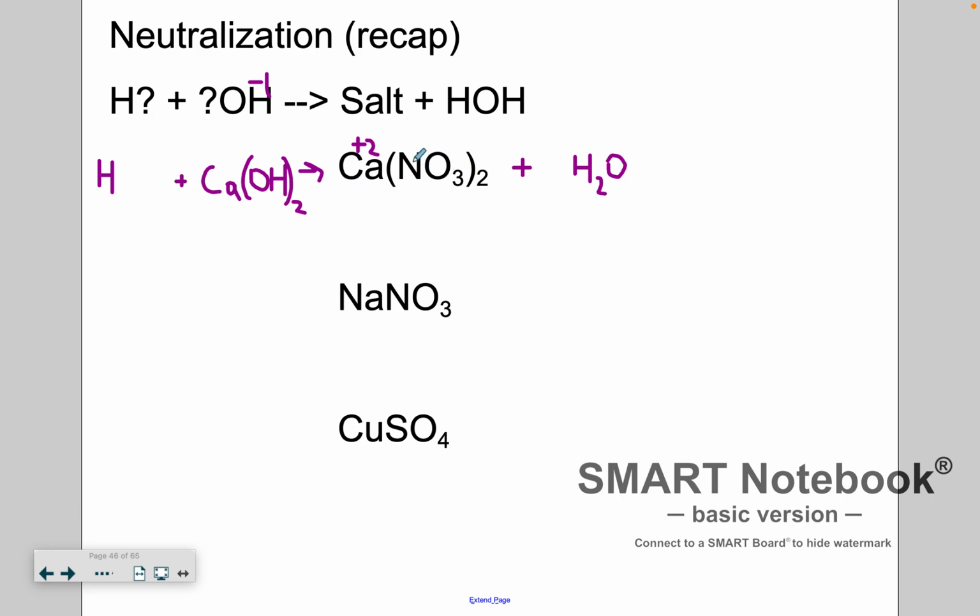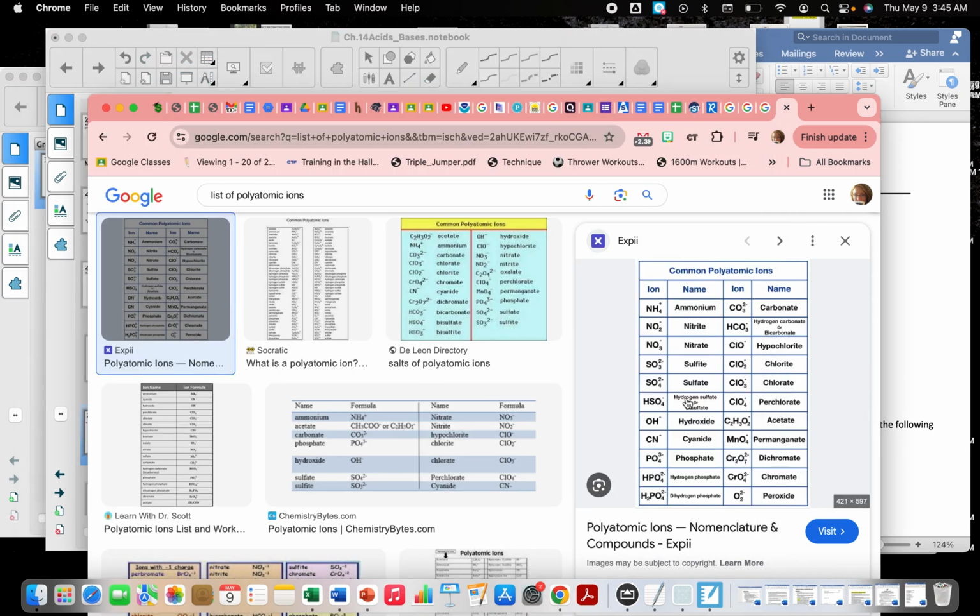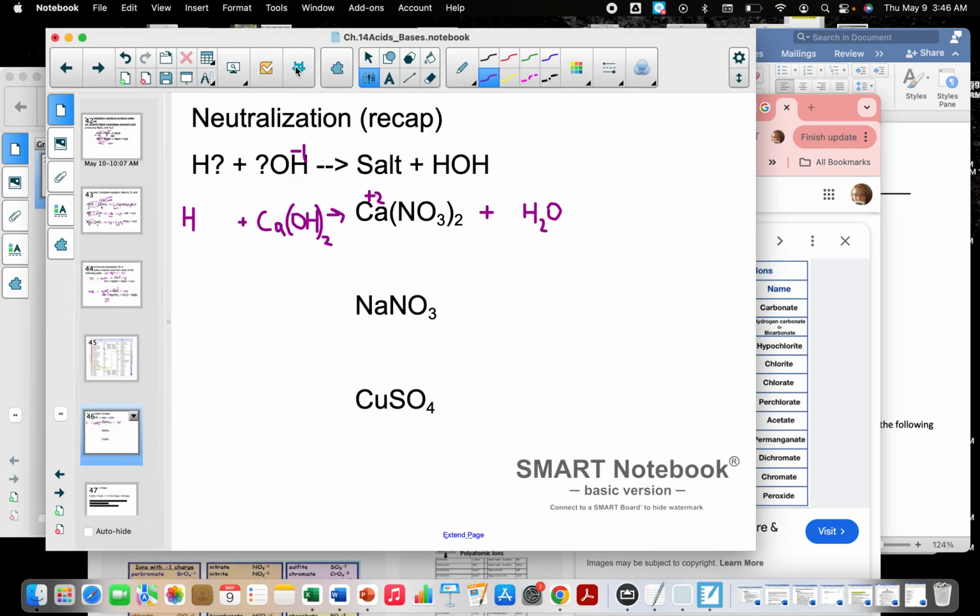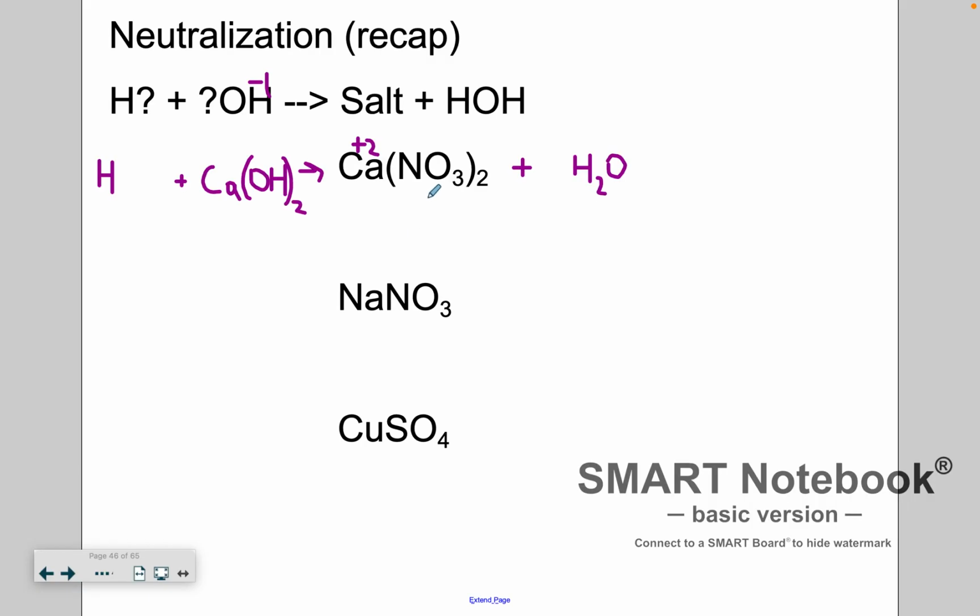Okay, and then I have my NO3, which is nitrate. It's polyatomic, NO3, nitrate. That's going to go here. Now I have 2 of them because it has a -1 charge, but I need 2 of them to have this overall -2 charge. Well, if I have 2 NO3s, I would need 2 hydrogens.